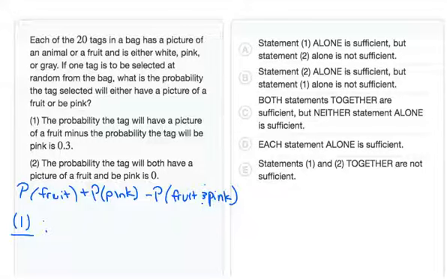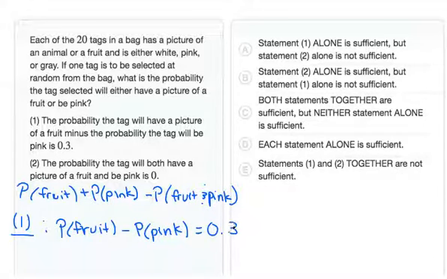We can write this in terms of our values from above: the probability of having a fruit minus the probability of picking one that's pink will equal 0.3.